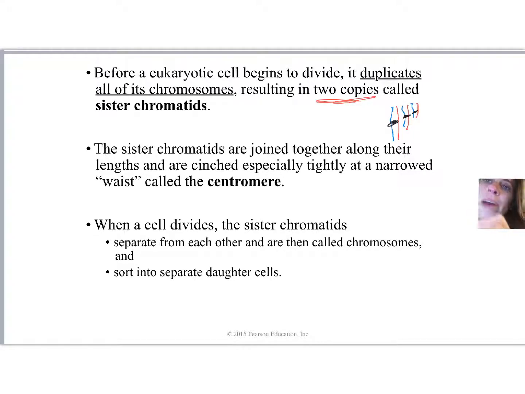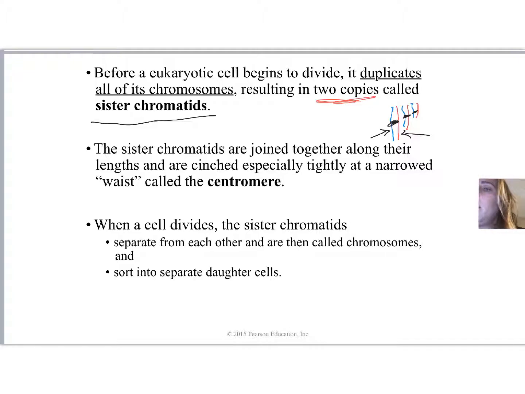Alright? So when you have them joined together in this twosome, they become sister chromatids, right? They're chromatids when you pair them together and they're of the same genetic material, the same part of the genome, the same chromosome. That's a sister chromatid. Sister chromatids are joined together along their length, and they are cinched especially tightly at their waist. This is the centromere, and this is a nice metacentric one, meaning it's in the middle.